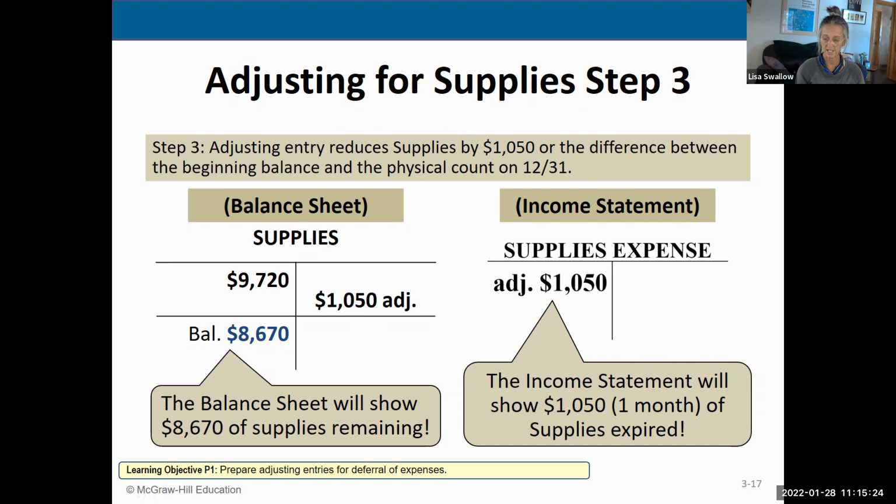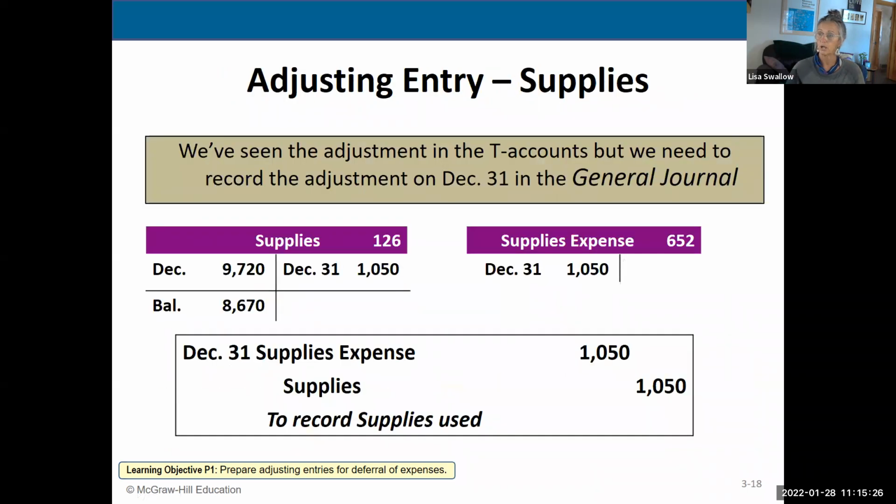So my AJE is to credit my asset of supplies, right? Because my asset went down. How do we make an asset go down? We credit it. And my supplies expense went up. So now I make my journal entry and I check it, right? Did I impact one balance sheet account? Yes, I did.